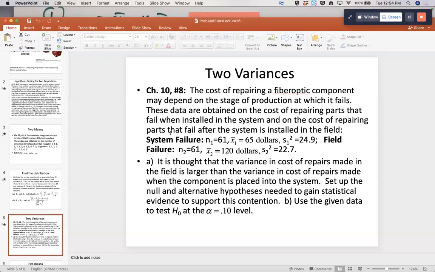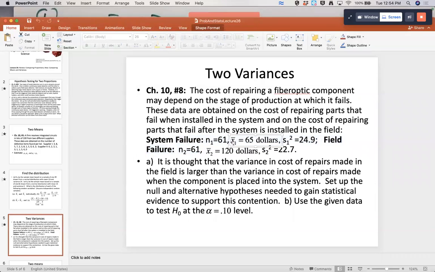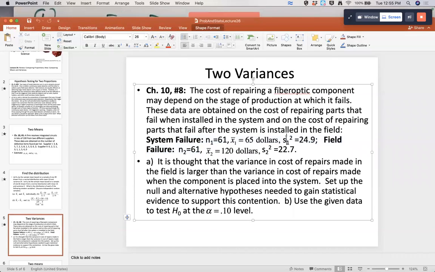The sample sizes do happen to be the same here, both 61, but they don't have to be. You can do what we're about to do without the same sample sizes. You got two different mean amounts that are fairly significantly different, you might say. But the sample variances are fairly close.